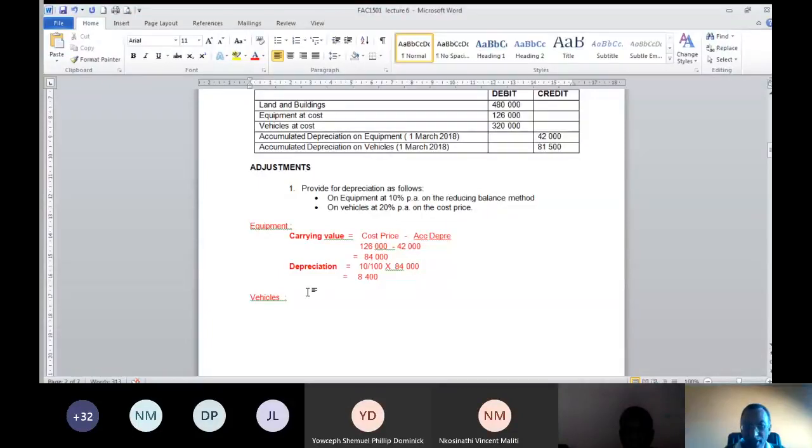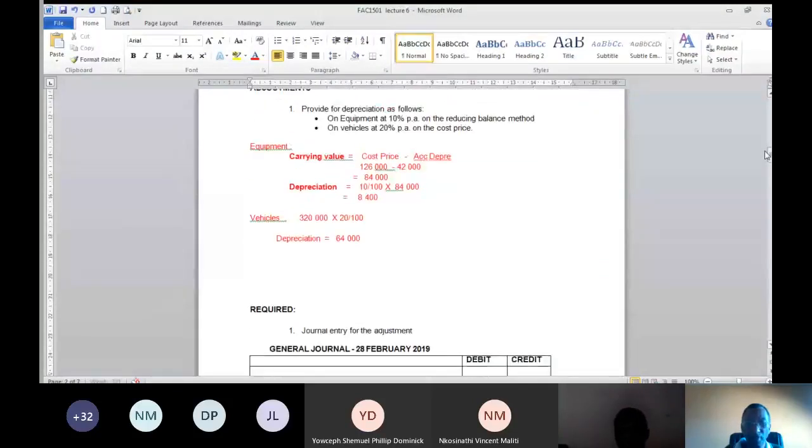So you go to the cost price of the vehicle, which is 320,000 Rand, and you take 20% of that amount. So your depreciation on your vehicles will therefore be the amount of 64,000 Rand. Straight line method, guys, or cost price method: take the percentage and apply it to the cost price of the asset.